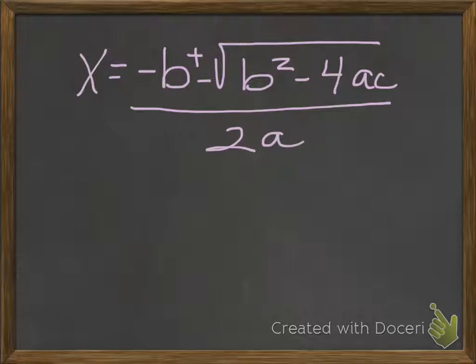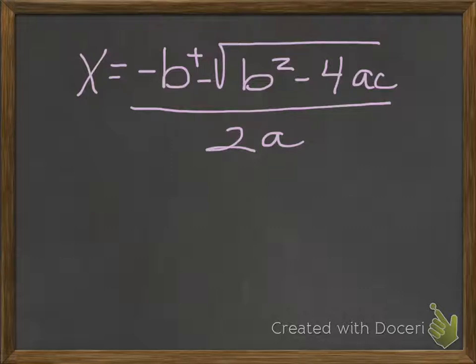And what this does is it gives you a bunch of variables. You've got a's, b's, and c's, and each of those variables is assigned a particular part of a quadratic trinomial. You plug in those values, you do what it tells you to do, and you actually will get the solutions to the quadratic. Solutions being where the function intersects the x-axis.